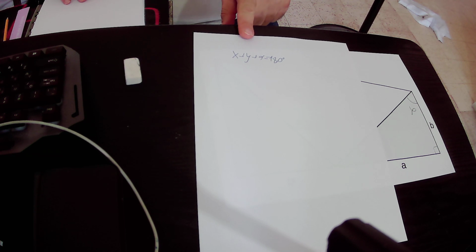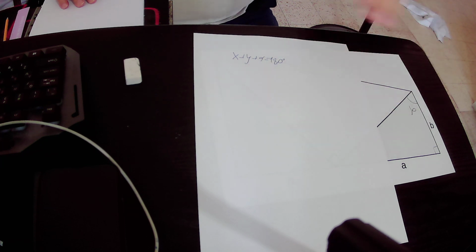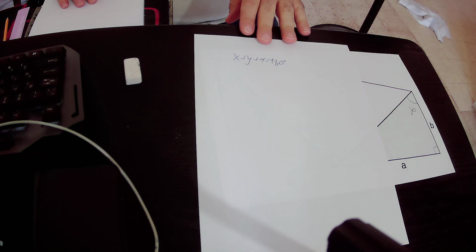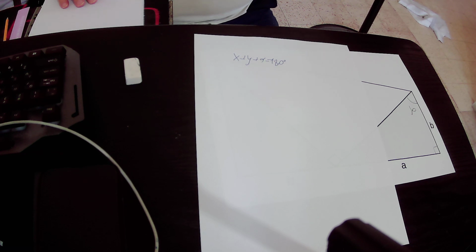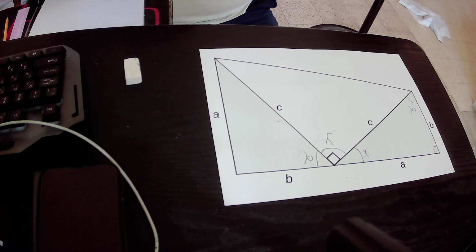The sum of the angles in the upper side of the straight line is 180 degrees. So x plus y plus alpha equals 180 degrees. But we found out that x equals 90 degrees minus alpha, so we can substitute x by 90 degrees minus alpha.